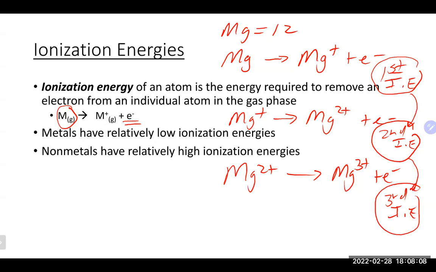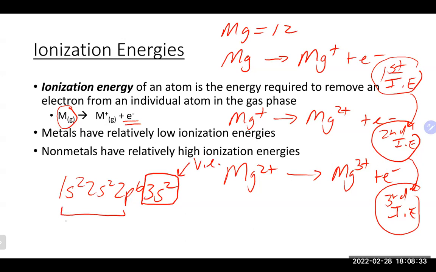Now we see actually a really big jump in the case of magnesium as we go from second to third, because if we look at the electron configuration, 1s2, 2s2, 2p6, 3s2. Magnesium has how many valence electrons? It is group number 2, which means it has 2, and it would be these guys right here. These are its valence electrons.